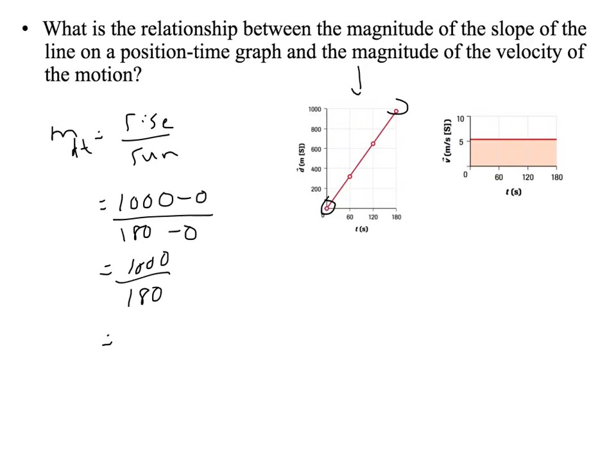If you put that in your calculator, you get 5.56. And when we look at our velocity time graph, you'll notice that's the same. So the question says, what is the relationship between the magnitude of the slope and the position of the velocity of the motion? We would say that they are equal.